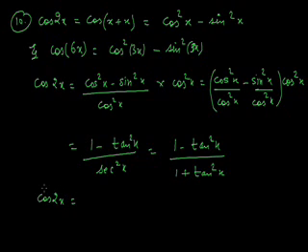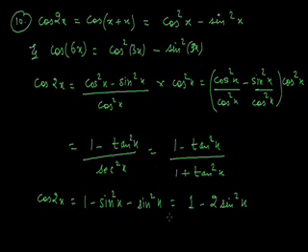Now if you want the formula of cos 2x in terms of sin x only, then you need to convert this cos square x into sin x. And how can you convert this cos square x? Using the first identity, you can write it like this: 1 minus sin square x minus sin square x. It will be equal to 1 minus 2 sin square x. So cos 2x is equal to 1 minus 2 sin square x. And if you want the value of cos 2x in terms of cos x only, you need to convert this sin x into cos x.